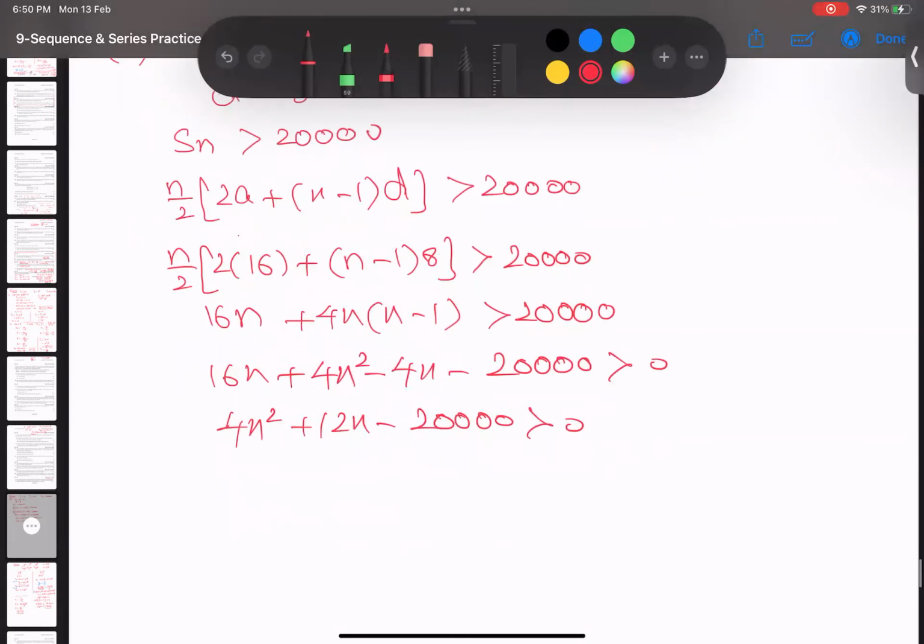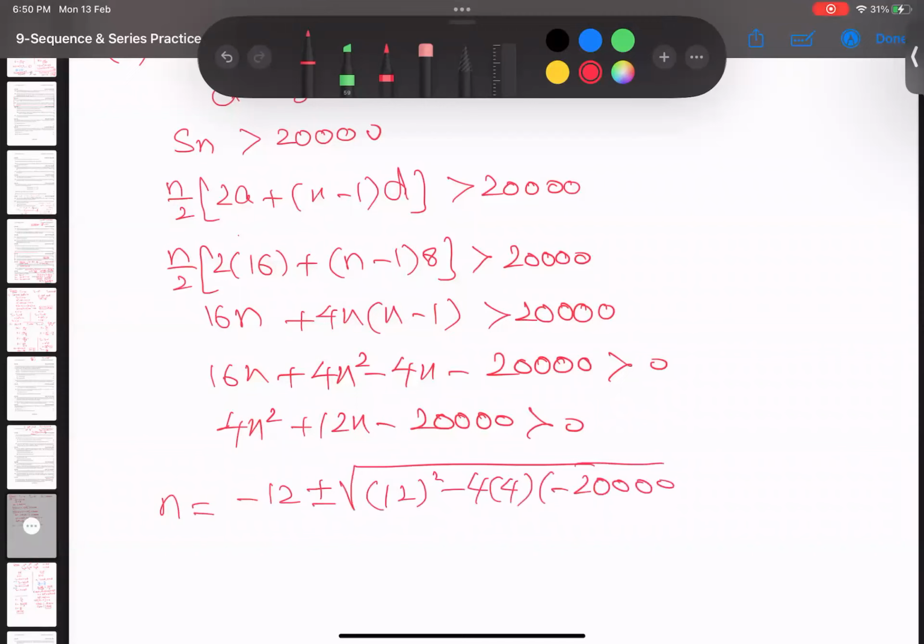Okay, I think maybe it's not factorizable, so I have to apply the quadratic formula. If I apply the quadratic formula, what answer do we show to the examiner? Let me check, maybe it is a factor. Okay, no problem, we can apply the quadratic formula: minus b plus or minus the square root of b squared minus 4ac, all over 2a.